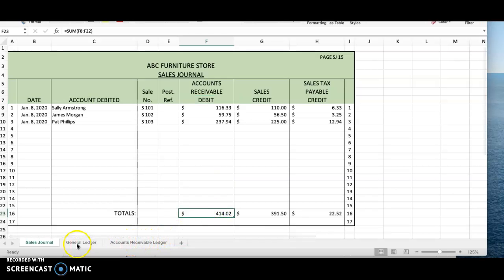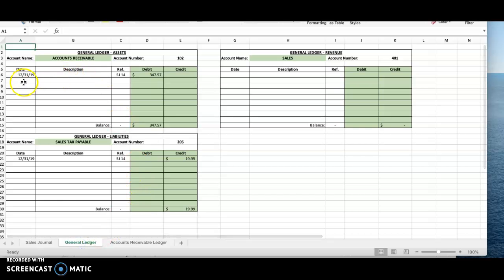So let's go to the general ledger, find accounts receivable, and put the date, January 8th, 2020. And this came from Sales Journal 15, and it was a debit, 414.02.